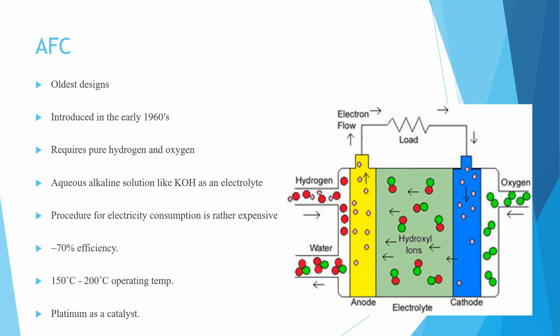These cells were used in the Apollo spacecraft to provide both electricity and drinking water. For this purpose they require pure hydrogen and oxygen, and they use platinum as their electrocatalyst, which is expensive.